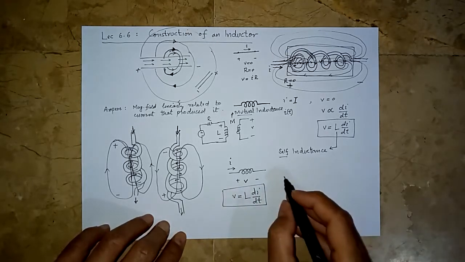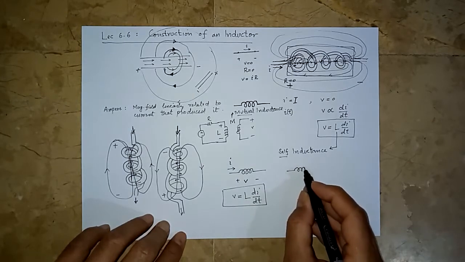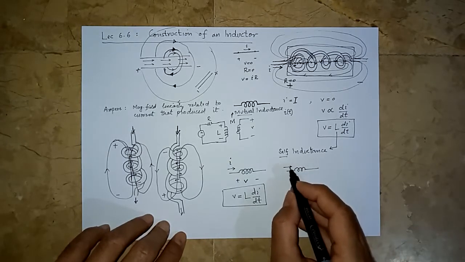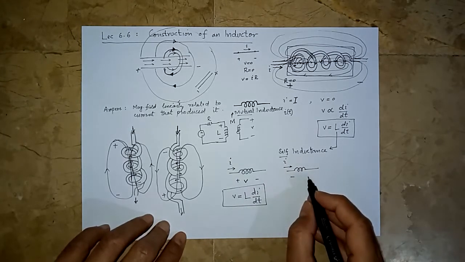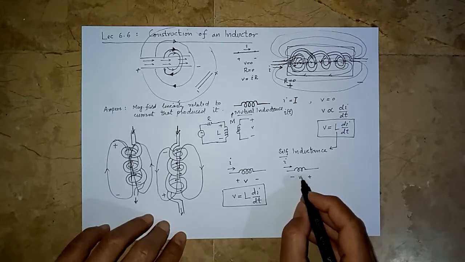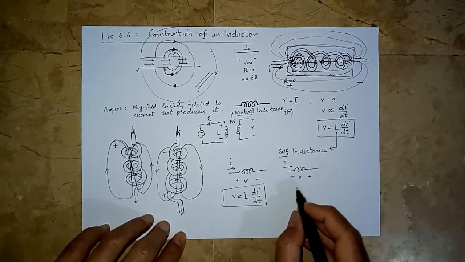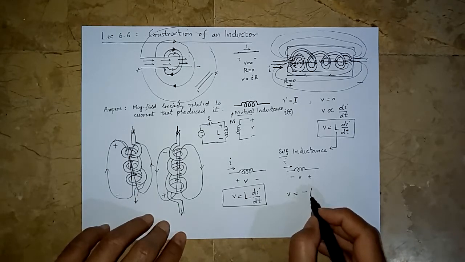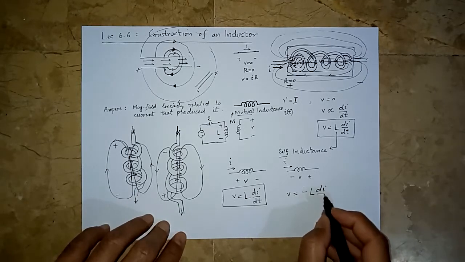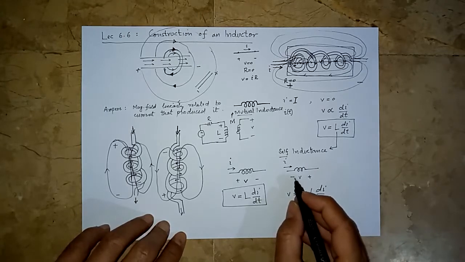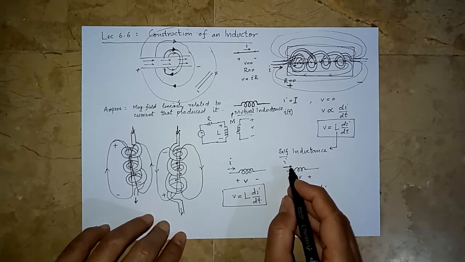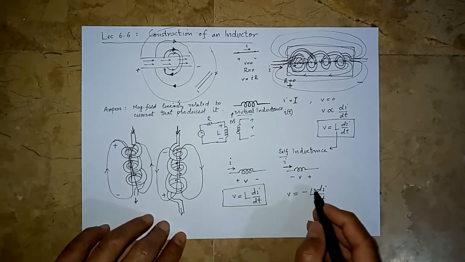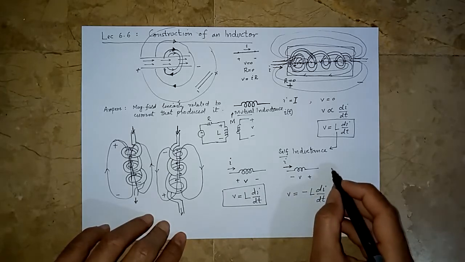And if the passive sign convention is not fulfilled, and we say the current is going in here, and we have a voltage in this fashion, then in this case V is equal to minus L di by dt. You can see the minus has appeared just because the passive sign convention has not been fulfilled.